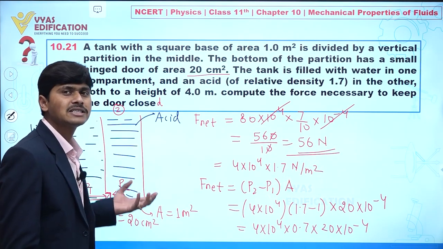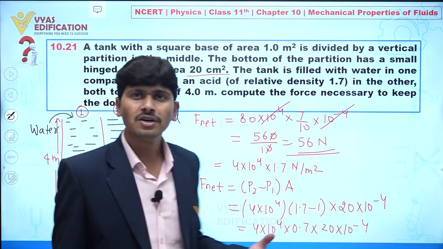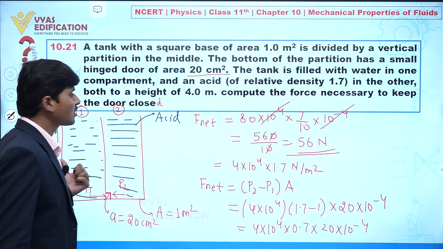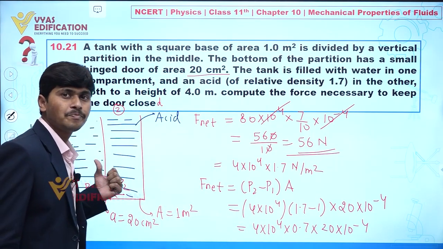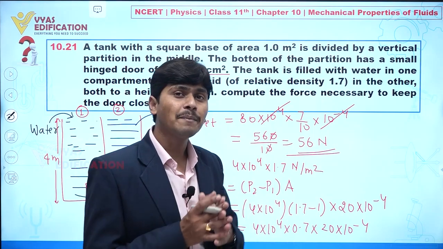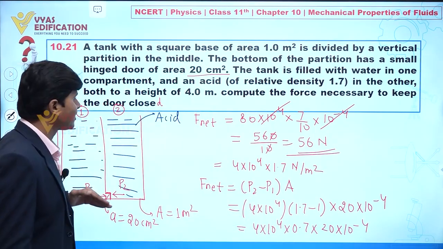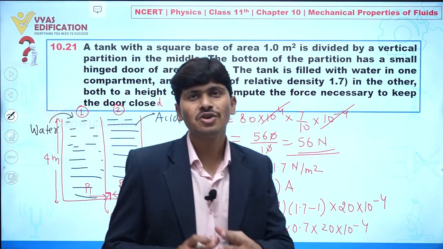Definitely at this time the hinged door will not be closed, because the force exerted by the acid side is more. What we can do is apply the same force from the water side, and then the hinged door will be closed.